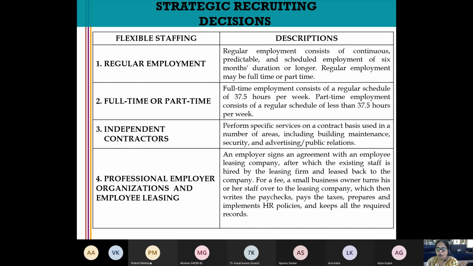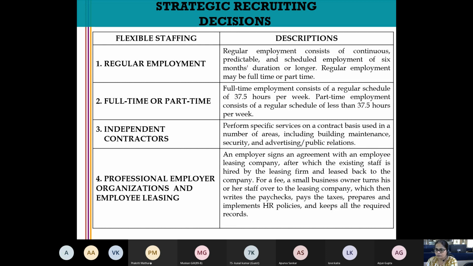And then professional employer organizations and employee leasing, as I've just told you, there are leasing firms. You may call whoever is interested, or whose services you require, right? You have to appoint them. They would take care of everything in your activity.